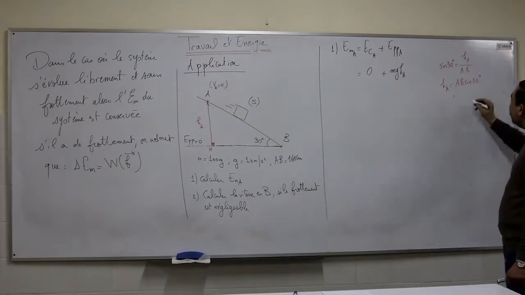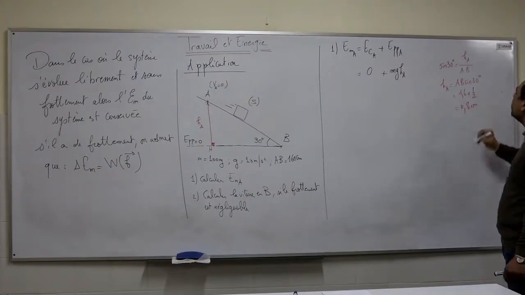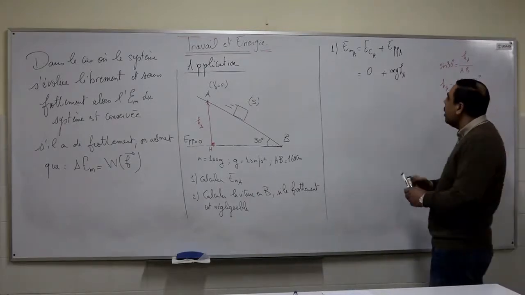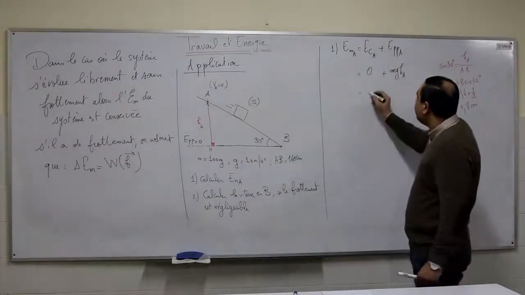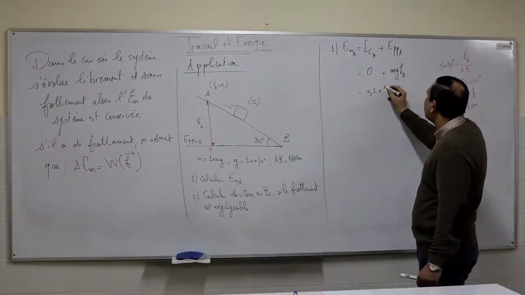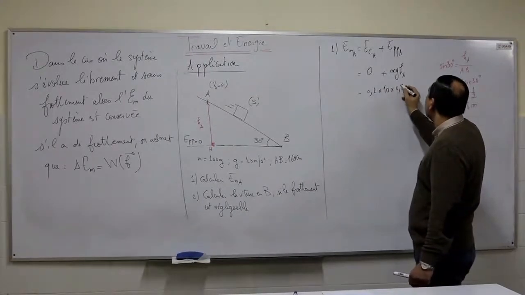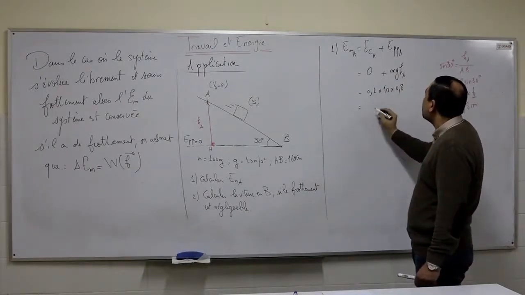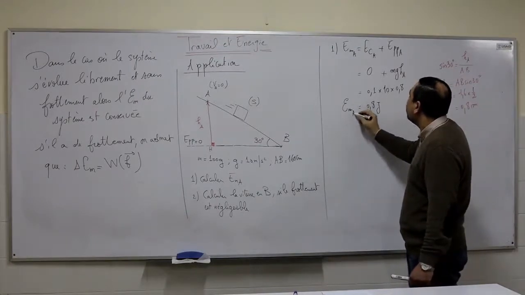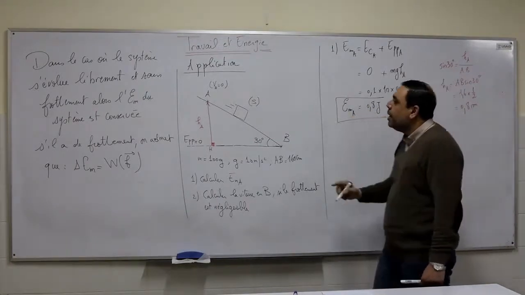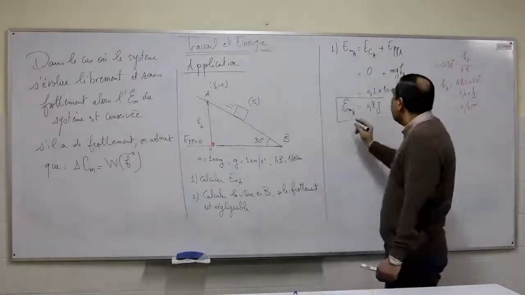AB is 160 centimeters divided by 100, so 1.6 times 1/2, this is 0.8 meters. Now the mass is 100 grams, which is 0.1 kilograms, times 10 times 0.8. The answer is 0.8 joules, which is the value of the mechanical energy of the system S Earth at point A.